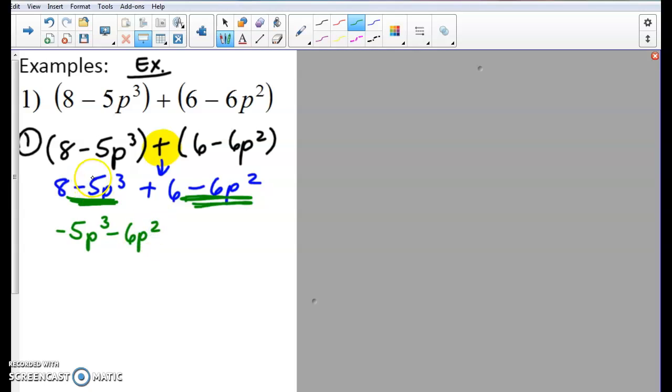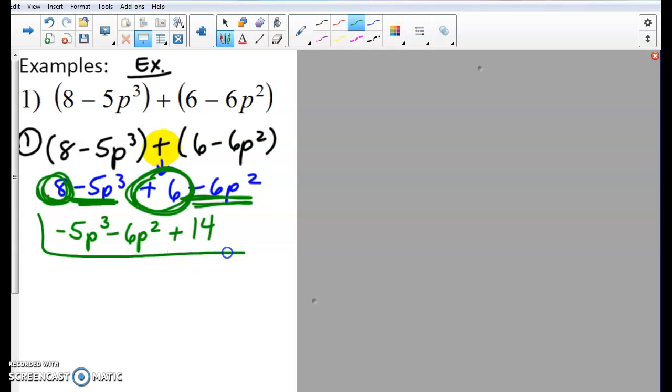And now I have an 8 and I have a 6. Because those are just numbers without any variables, we can combine them. Because 8 plus 6 are both positive, you just put it in a calculator or do it in your head, 8 plus 6, and you get a positive 14. There we go. And that's combining like terms.